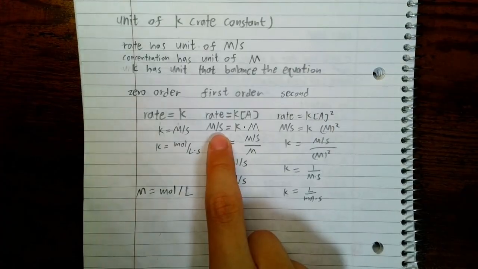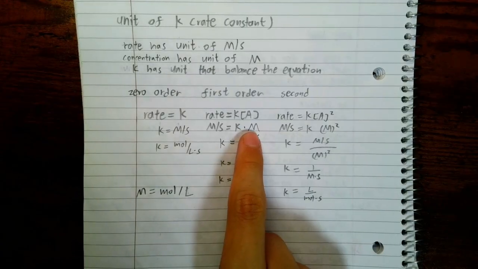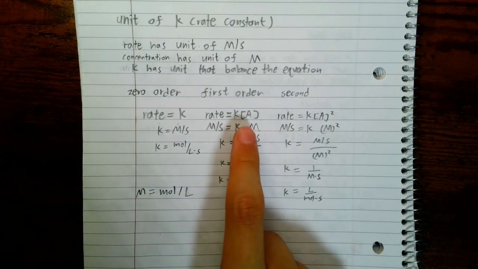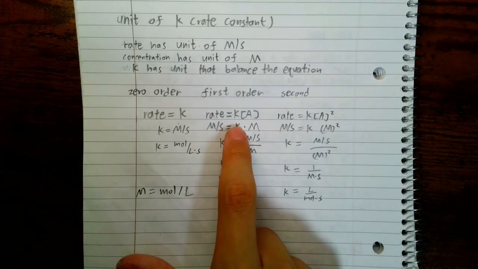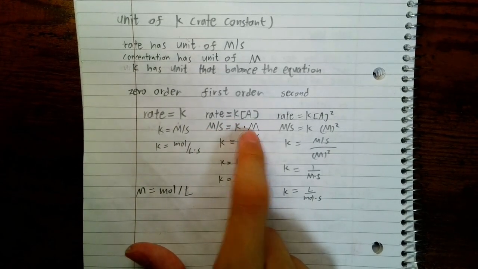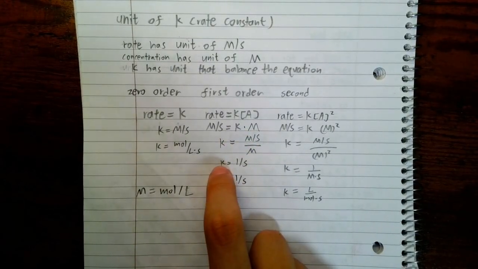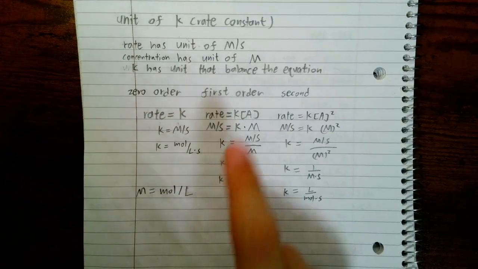So here we plug in the unit of rate as usual, and the K and the unit for the concentration of this, which is just M. And we put K to the other side, and we have this divided by this. And then M cancels out, and K is just per second in the first order.